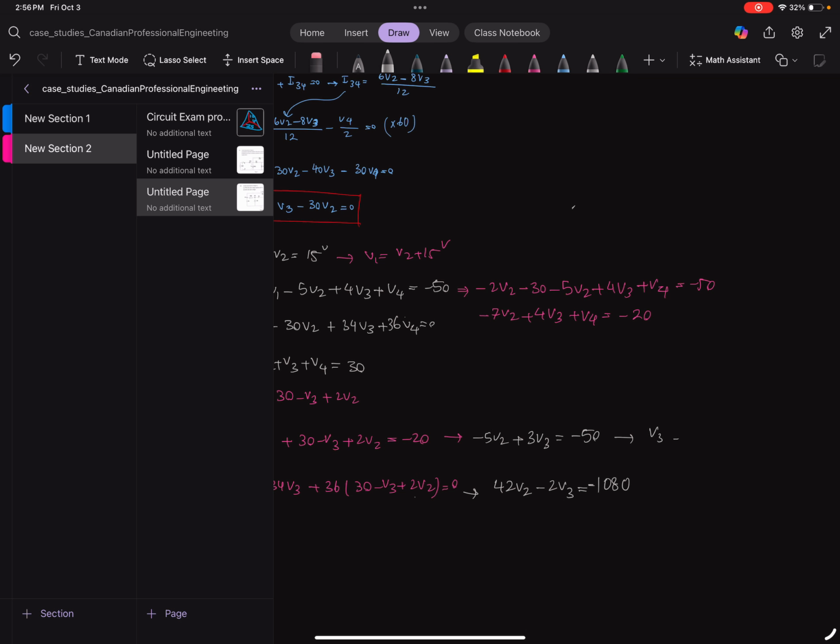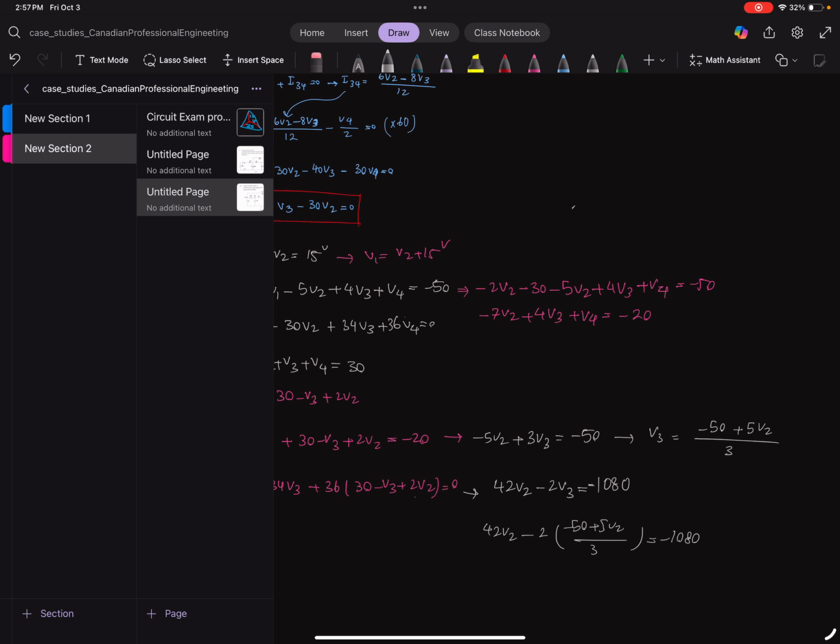So V3 is minus 50 plus 5 V2 over 3. So 42 V2 minus 2 V3, which is going to be minus 2 times minus 50 plus 5 V2 over 3, minus 1080.